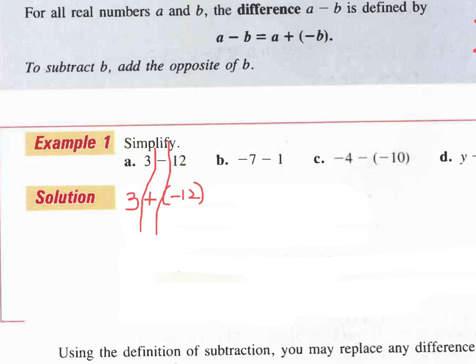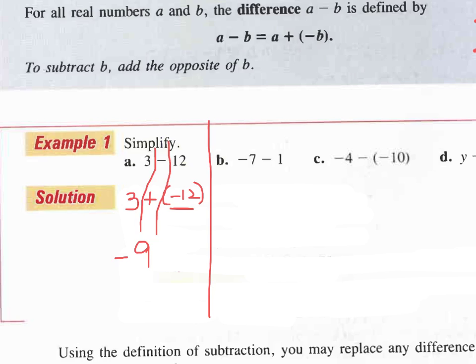And then I'm going to follow my rules for addition. Signs are different, so I subtract and keep the sign of the bigger number. And I would get 12 minus 3 is 9. My bigger absolute valued number would be the negative 12, and the sign on that number was negative.